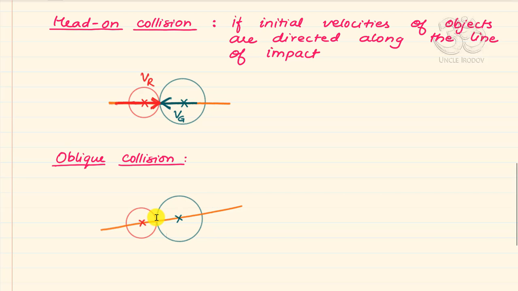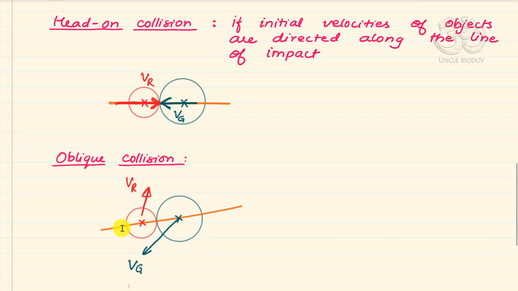And maybe before the collision, the red ball was traveling this way, velocity of red, and the green ball was traveling in some other way, perhaps like this. So maybe a bit more inclined, maybe like this, velocity of green. Maybe these are the velocities.